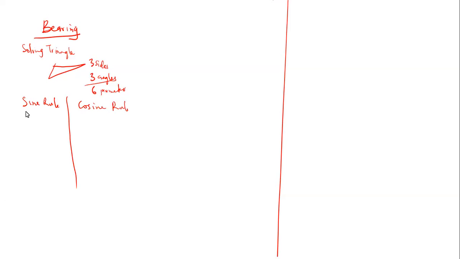When do we apply our sine rule? We apply our sine rule when, out of the 3 parameters they must give you, they give us 1 side and its corresponding angle.